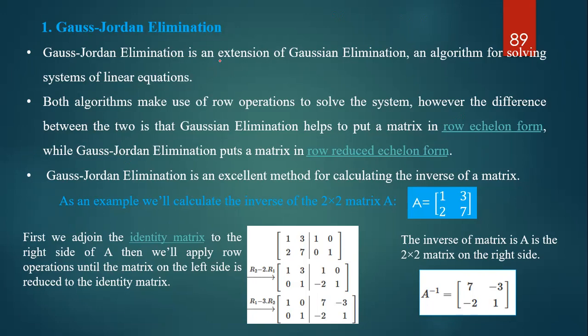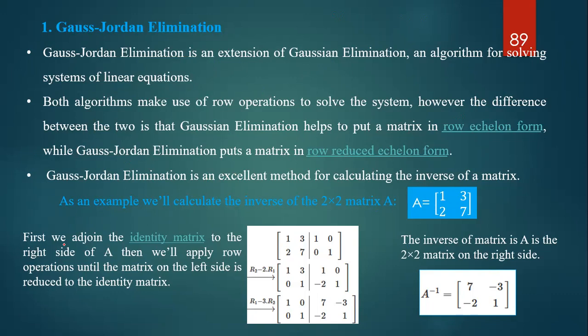Both algorithms are used in matrix calculation, where we use the row echelon form or row reduced echelon form of a matrix. As an example, take the 2 by 2 matrix 1, 3, 2, 7.